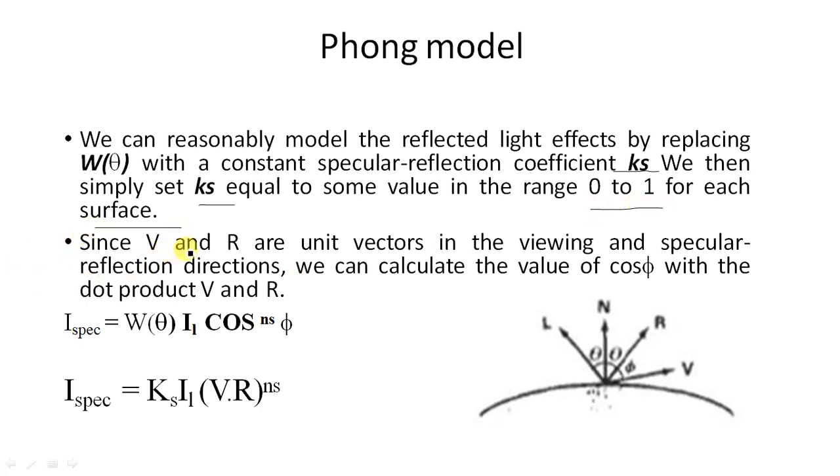Since V and R are unit vectors in the viewing and specular reflection direction, we can calculate the value of cos phi with the dot product of V and R. So we can replace cos phi with V dot R. V is a viewing direction vector and R is the reflection vector.